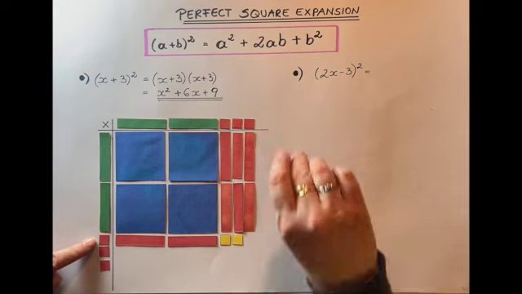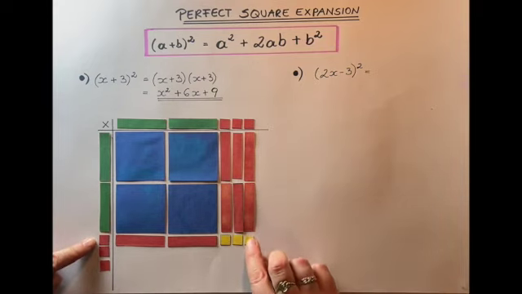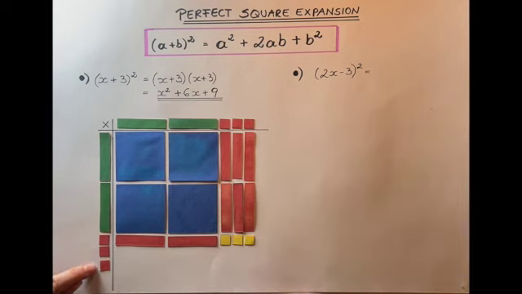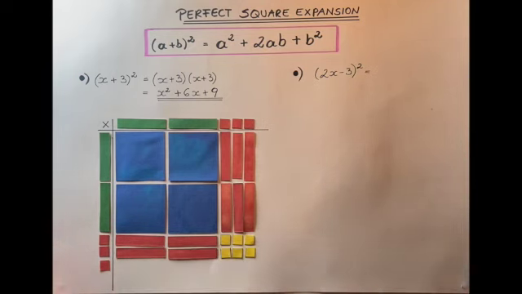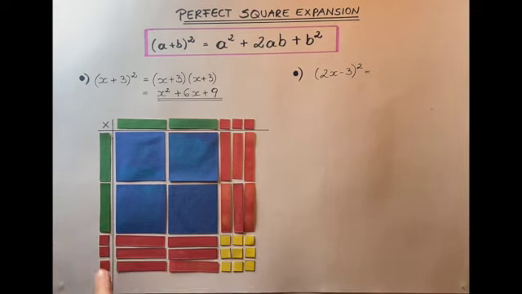Same thing for the next two rows. So there we are. We're done with that.